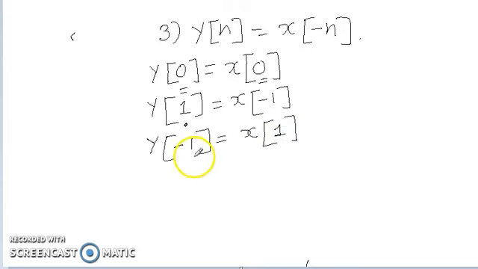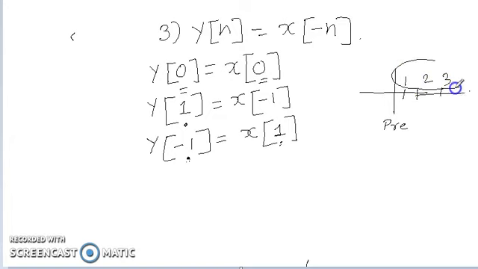That means if this is my particular time instant, the input with respect to this time is a future one, because if this is the present state, 1, 2, 3 represent future inputs, and -1, -2, -3 represent previous inputs or past inputs.